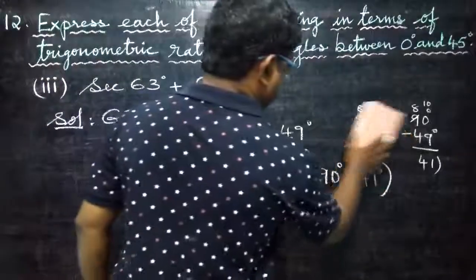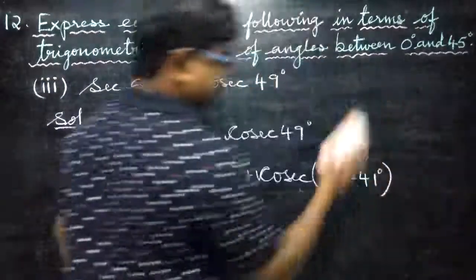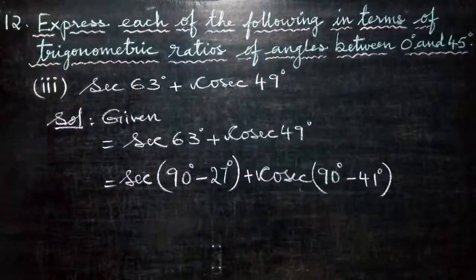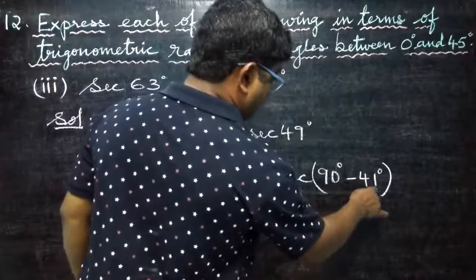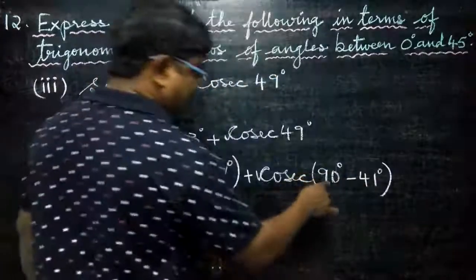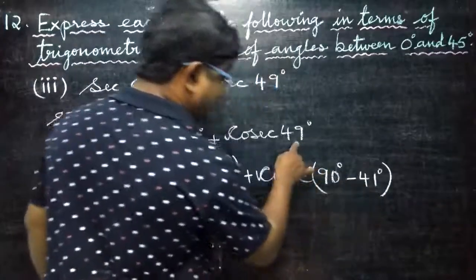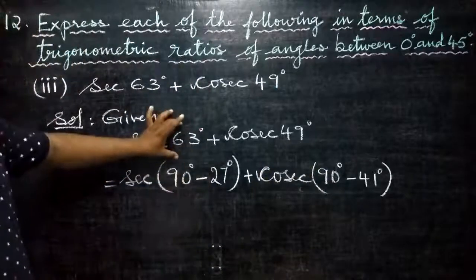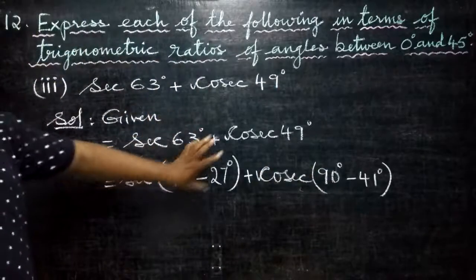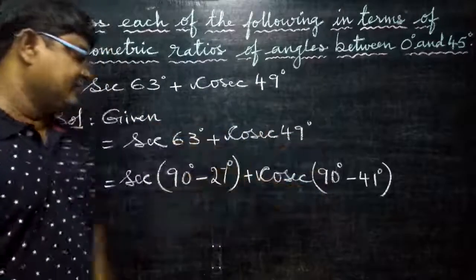This is part and parcel of the problem. Do like that, subtraction, and cross check also. 49 plus 41, 90 came or not, and 90 minus 41, 49 came or not. Cross check. We replaced 63 in one way, 49 in another way.